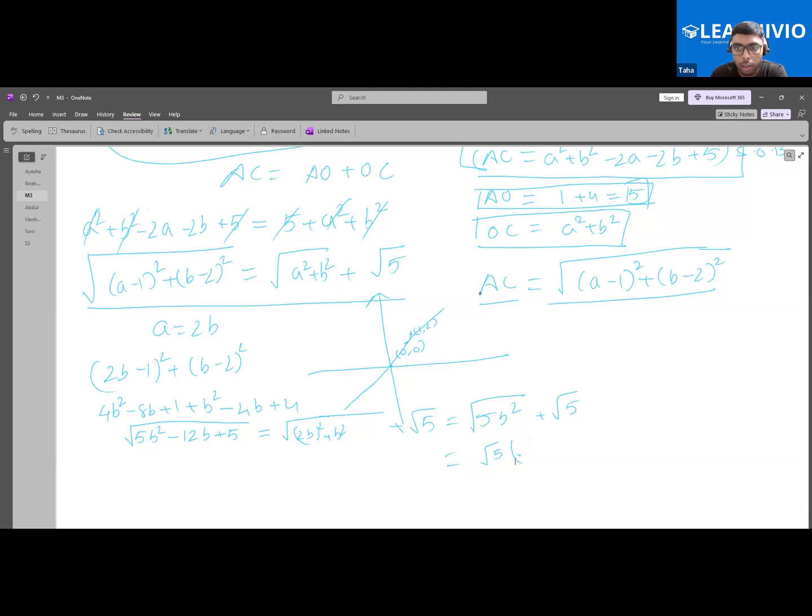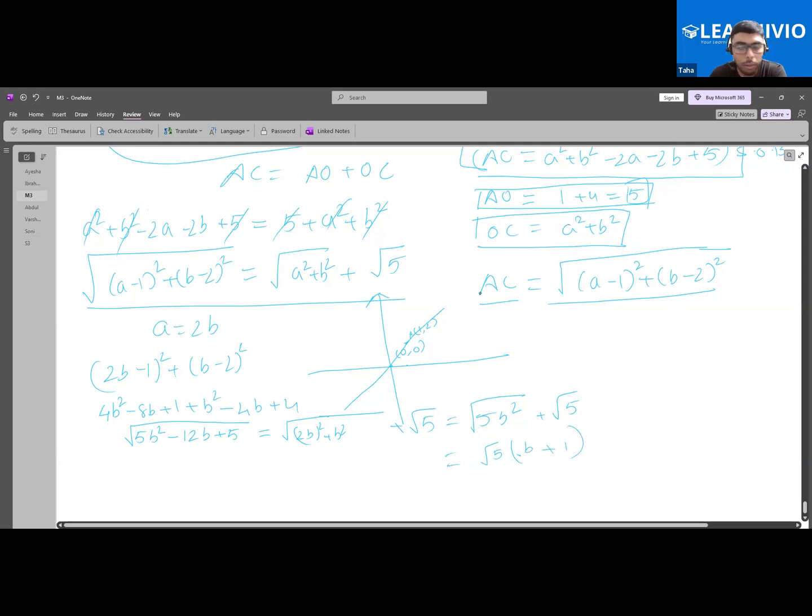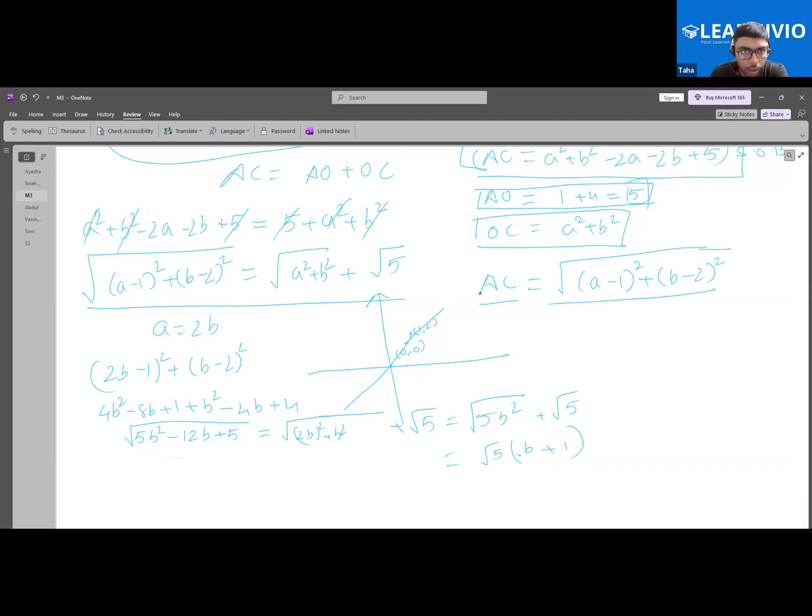B square plus 25. b plus 1 root 5 to b plus 1. What about this? 25.